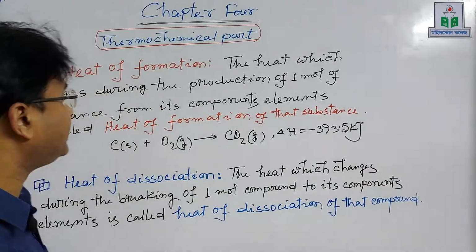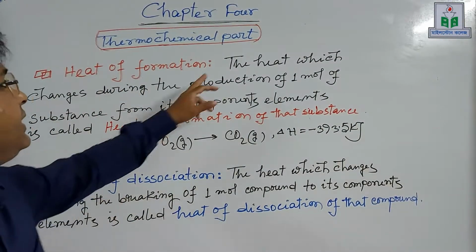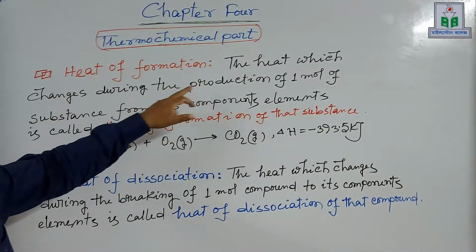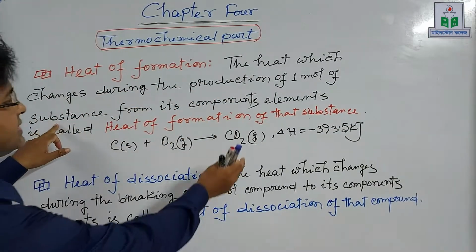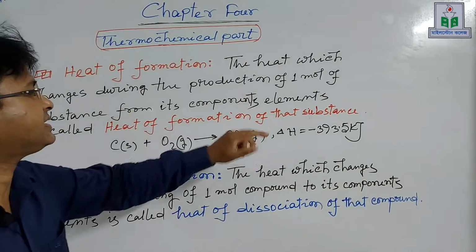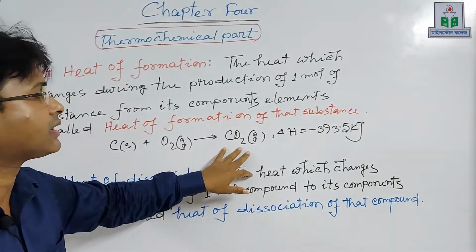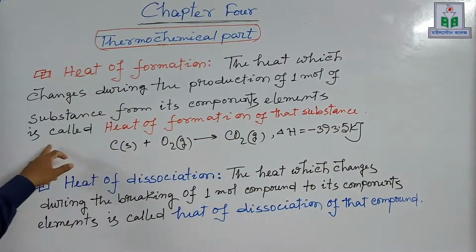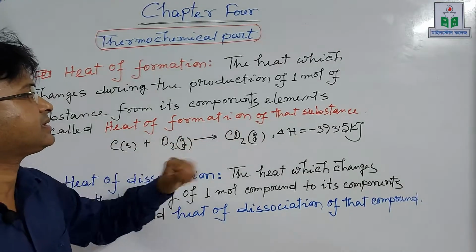Now what will be the definition? The heat which changes during the production of 1 mole of a substance, suppose here I used carbon dioxide, from its component elements, I mean the component elements of carbon dioxide are carbon and oxygen, is called heat of formation of that substance.